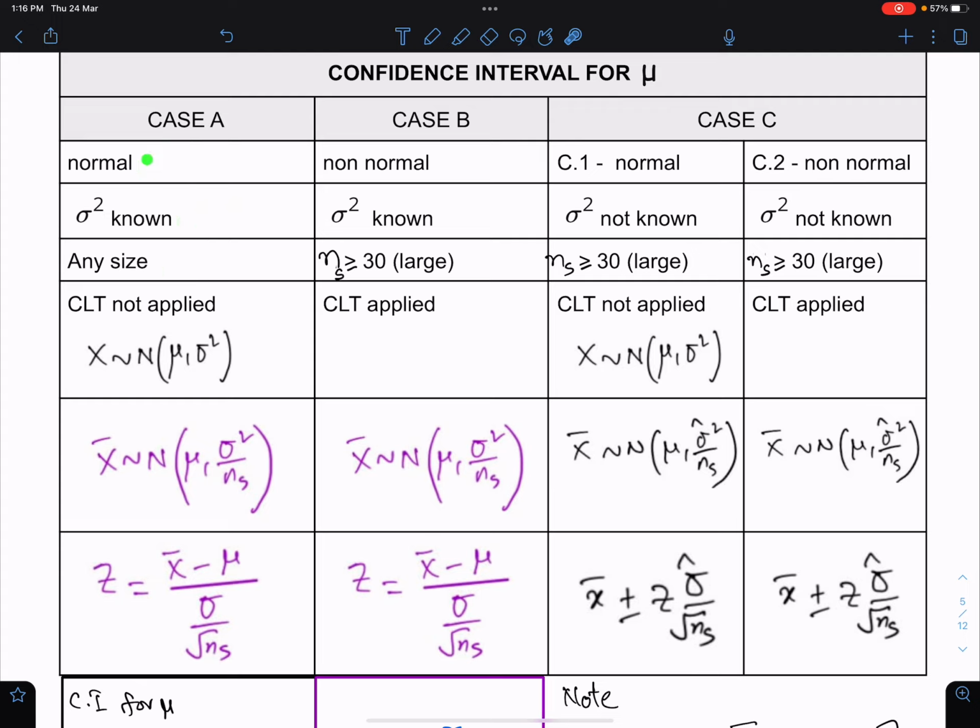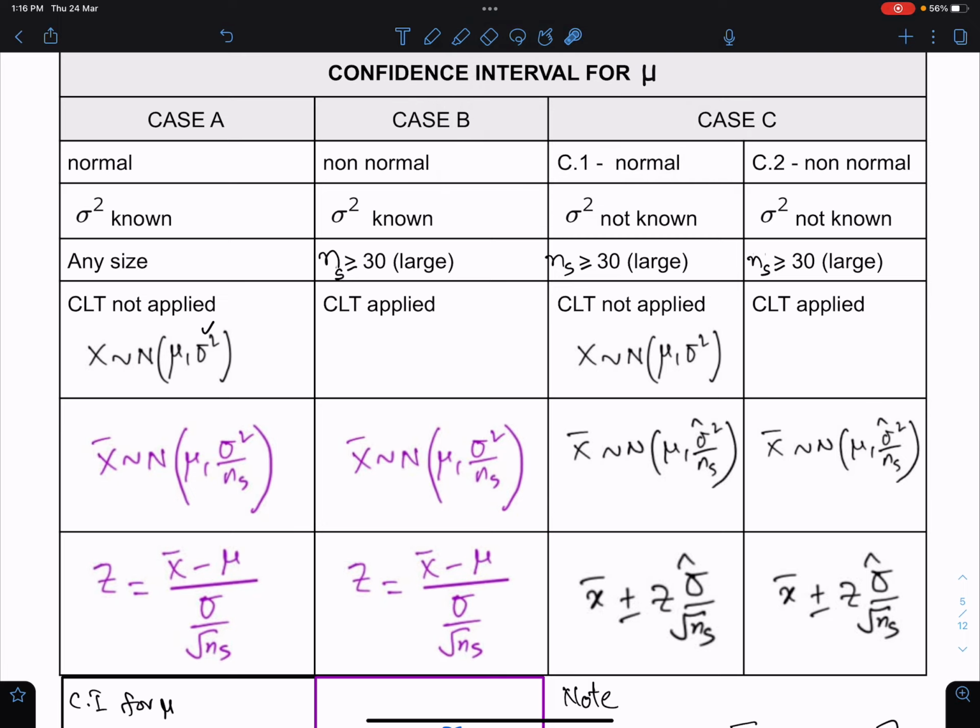So when population is normal and sigma square is known, then sample size does not matter. Sample size could be either small or large. It could be anything.